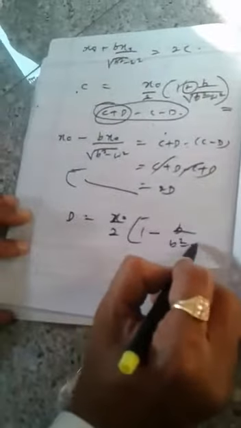So c cancels, therefore this will be 2d. Simplifying this equation, we get 1 by 2, taking x naught common, 1 minus b by square root of b square minus omega square, and this is called equation 1.